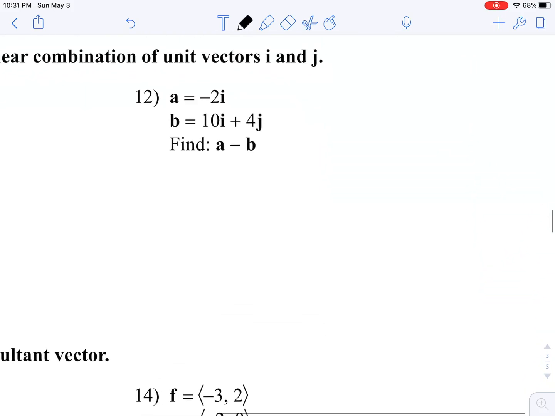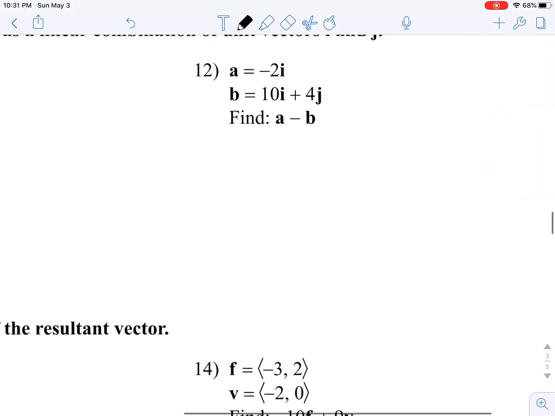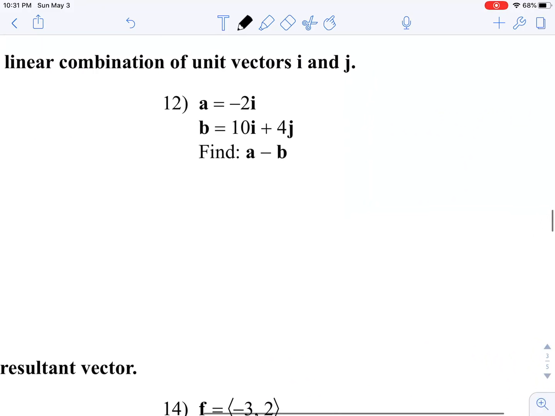Okay, number 12 and 11, addition/subtraction. So here, this is a little tricky, so I'm supposed to do a minus b. A is just negative 2i. If you want to, you can take your pencil or whatever and write in plus 0j. That way things kind of match up.